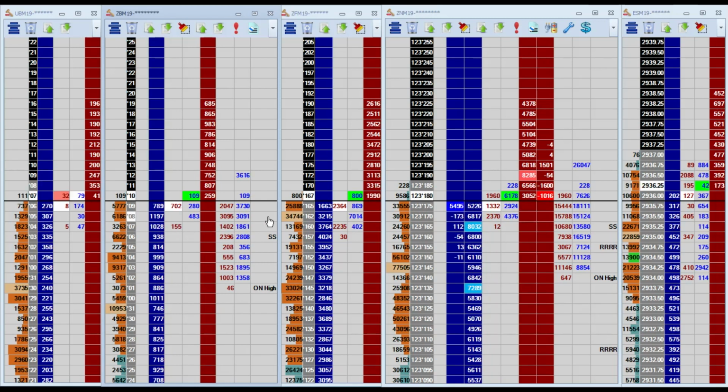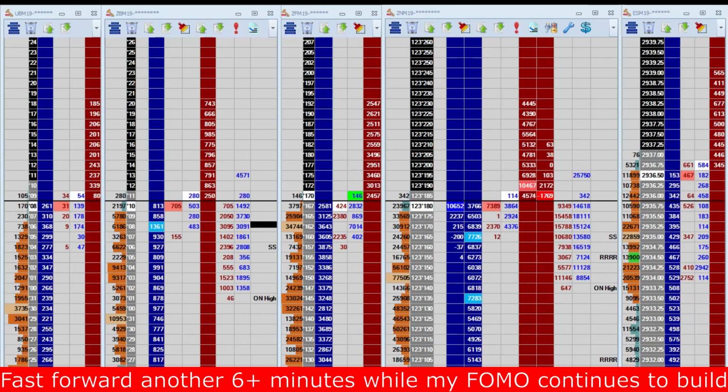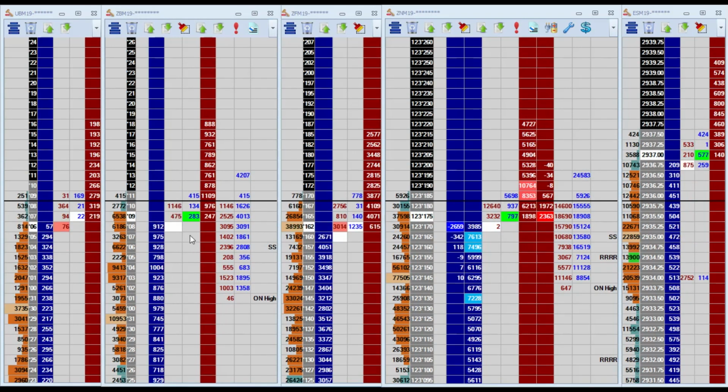So then 08 acts as support now. So pretty aggressive selling just came across. Saw this 1150 or thereabouts order pop through, and this 12,000 over here.